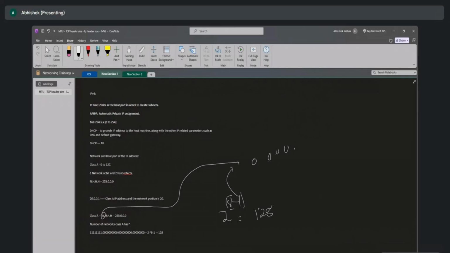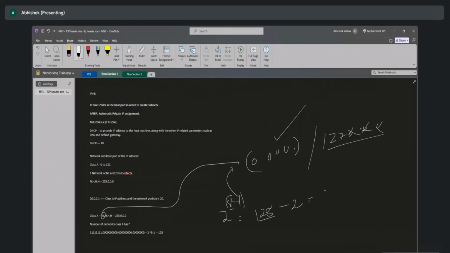But I earlier told you that class A has the default IP 0.0.0.0 as reserved, and we have a loopback address there, 127.x.x.x. This particular range of IPs is also removed. That is why we remove two more from this.